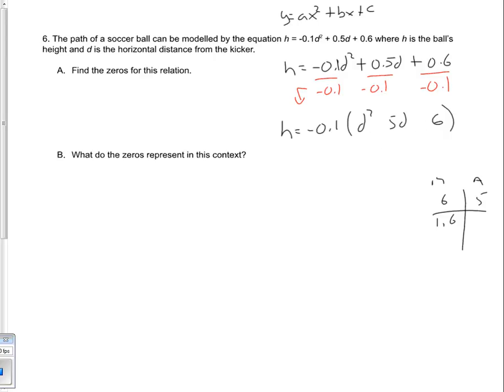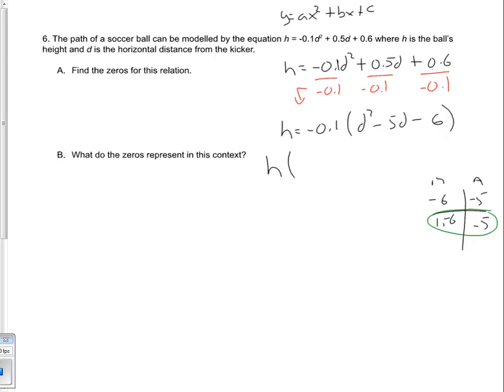This should be negative 5d and negative 6. So we're looking for two numbers that multiply here. 1 times negative 6 will give us negative 6, and 1 plus negative 6 gives us negative 5. So the factors that we're looking for are positive 1 and negative 6.